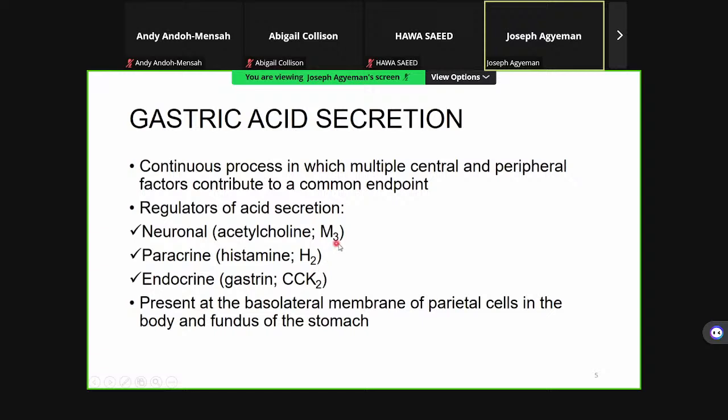And these agonists, for example, will lead to acid secretion. So with the M3, the agonist is acetylcholine. Obviously, histamine receptor will have histamine as the agonist, whilst the agonist for cholecystokinin 2, that can be located on the parietal cells as well as the enterochromaffin-like cells, will be stimulated by gastrin.